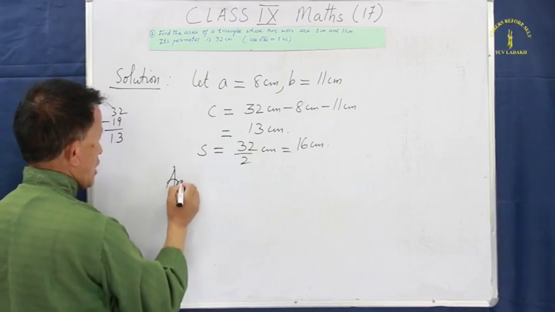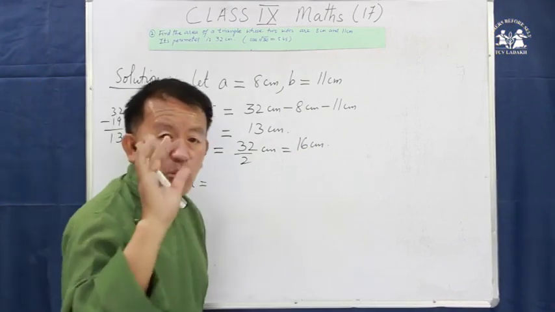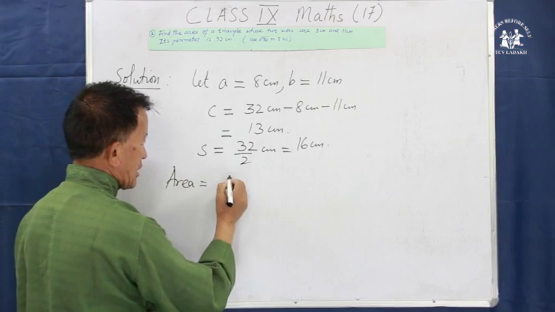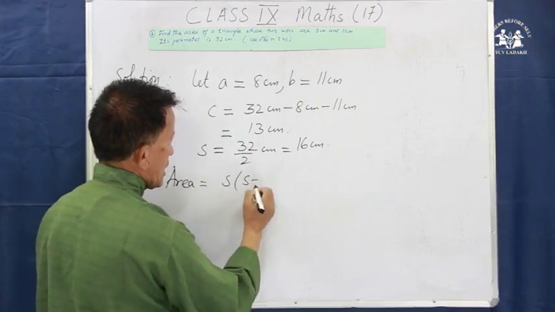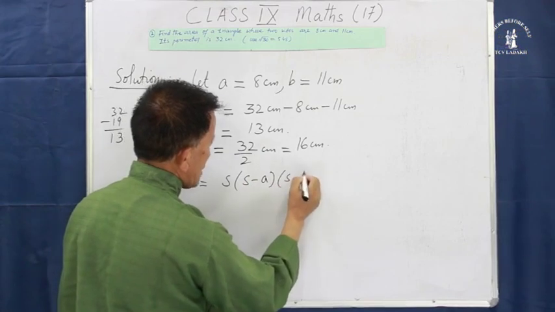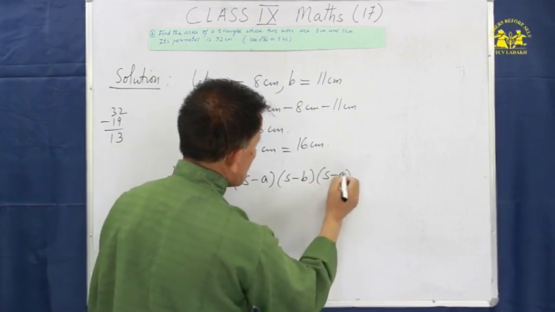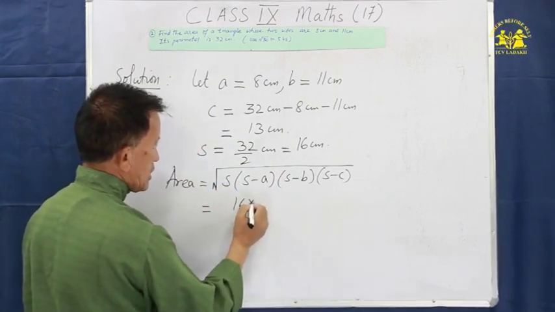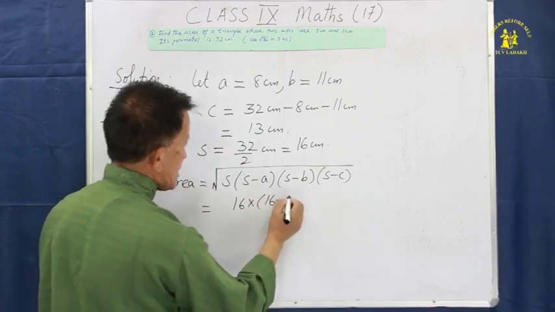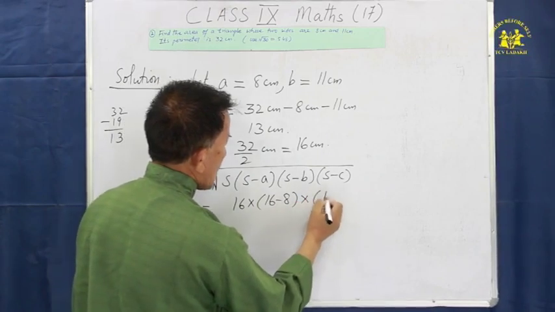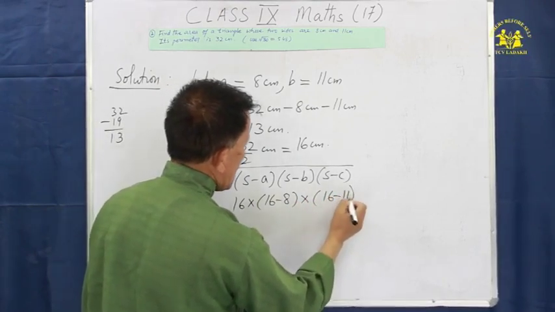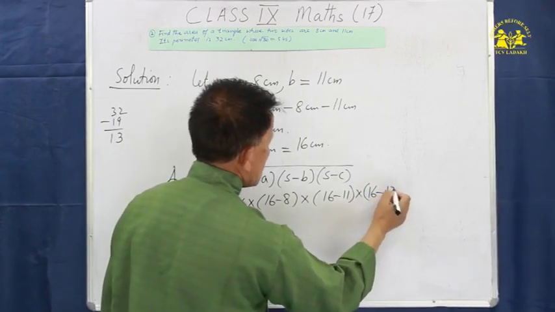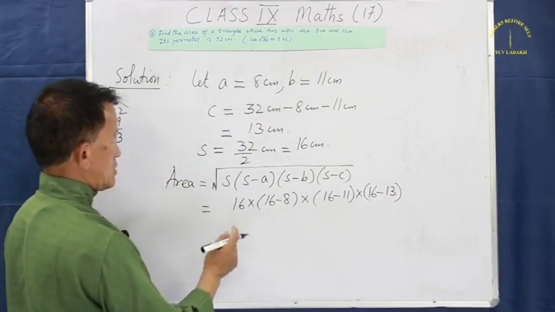So now area is equal to, in the examination, this is the formula, Heron's formula. So the square root of S into S minus A into S minus B into S minus C. So S is 16 into 16 minus A, which is 8, into 16 minus B, which is 11, into 16 minus C. C is 13, right?